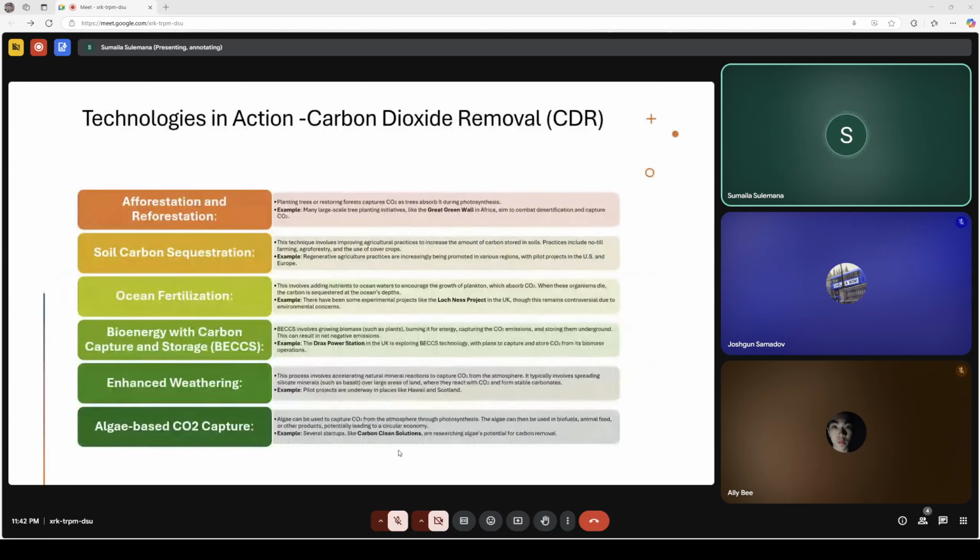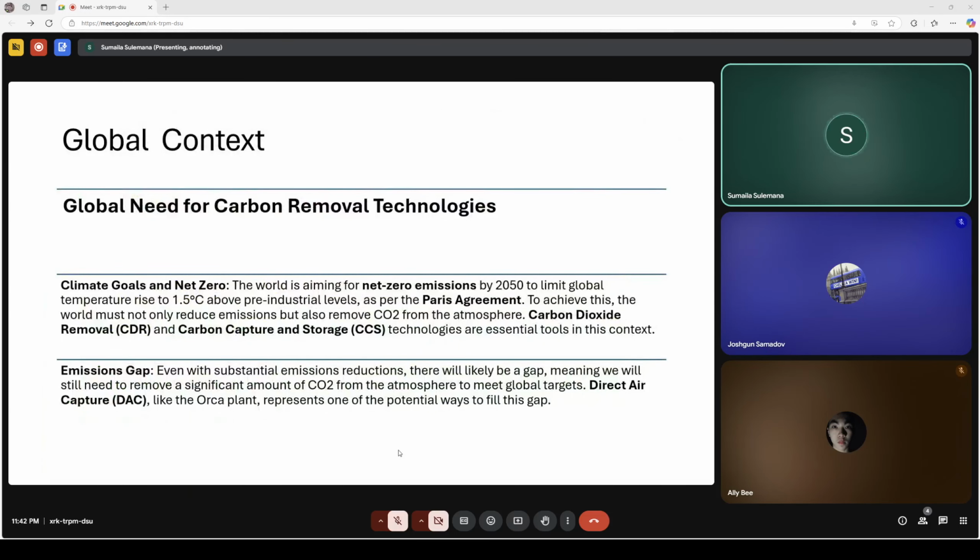So with all these technologies, what is now the global context? Let's look at what international agencies or stakeholders involved in or championing CDR technologies or CCS across the globe have been saying in the past years.